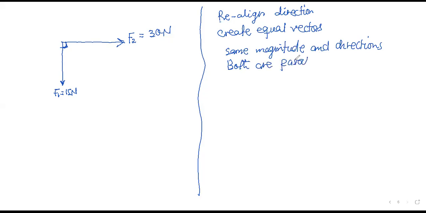So one vector can be here, another vector can be here. So long as they have these common features, we can say vector A is equal to vector B. They must have the same magnitude, same direction, and be parallel. Class, are you okay?